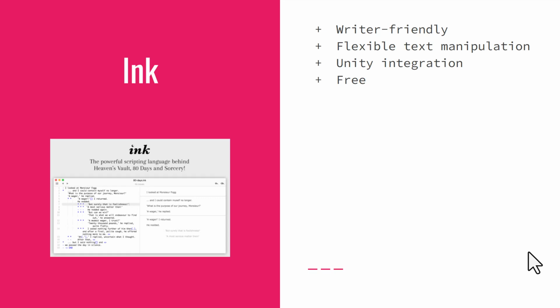That is, choosing variations on words and incorporating variables into your text is just right in the text. So if you are a traditional writer, Ink is a very friendly way to get into interactive writing. They do provide a Unity engine integration, so it's easy to bring into Unity, and it's free.